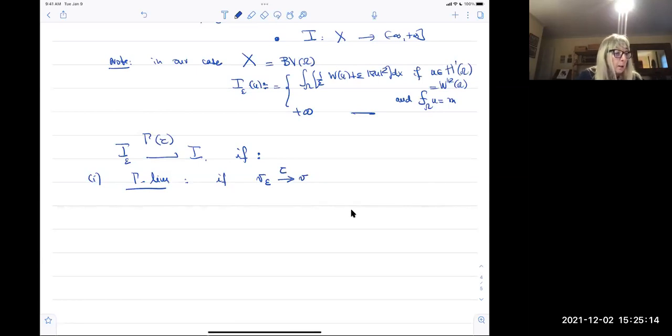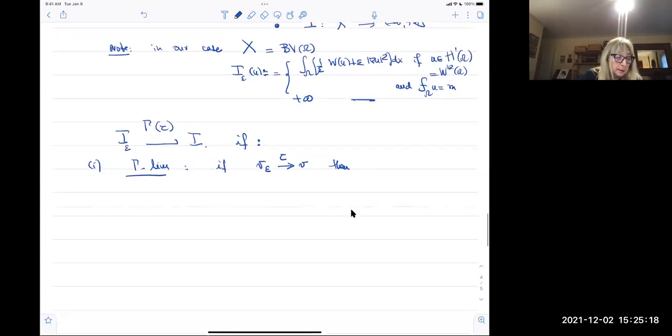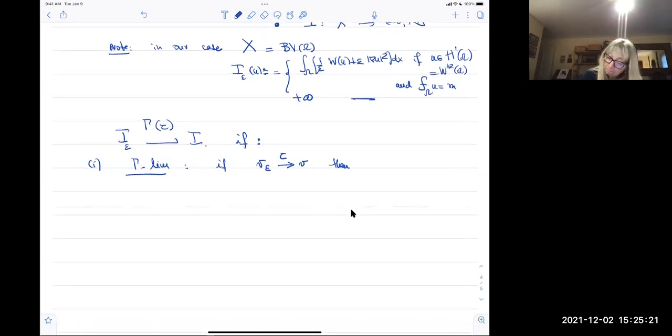Then you want that I of V is below the liminf as epsilon goes to 0 of I epsilon of V epsilon.